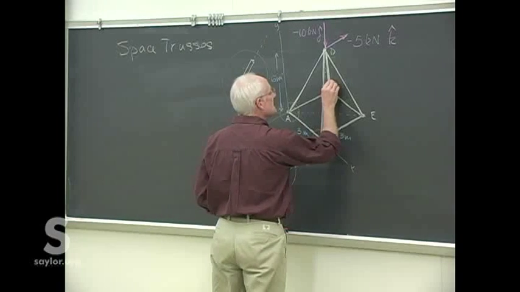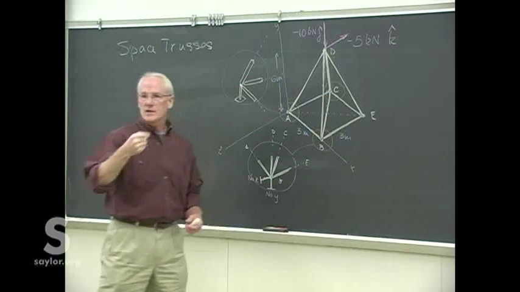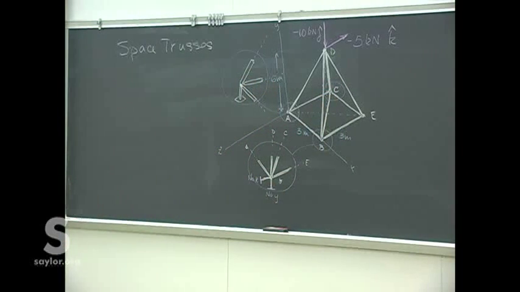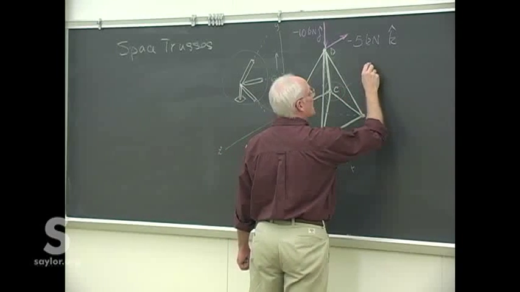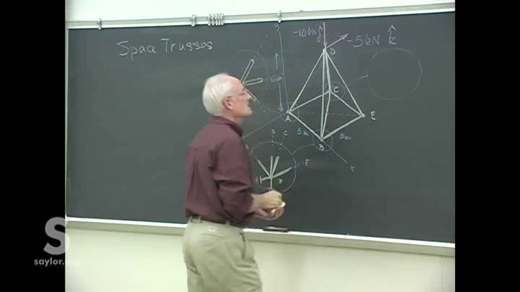And then C, notice that as we go through these, we need less and less support because we can't over-constrain the structure at any time. Otherwise, it becomes statically indeterminate. We have to let it have the flexibility it needs to allow us to solve it.